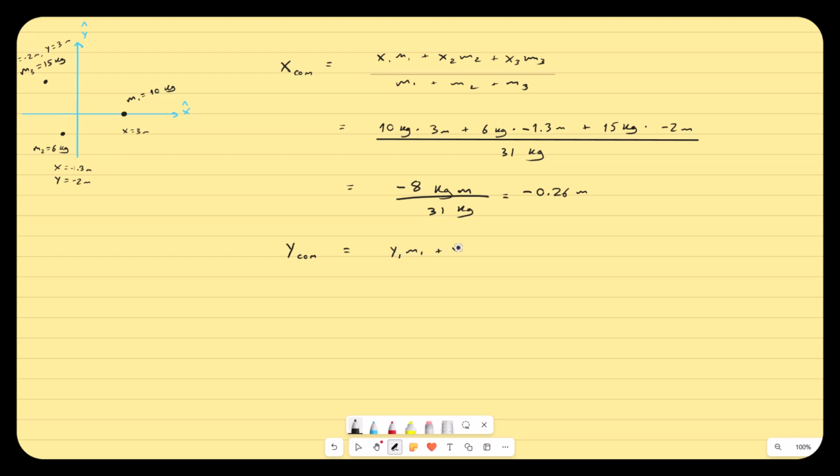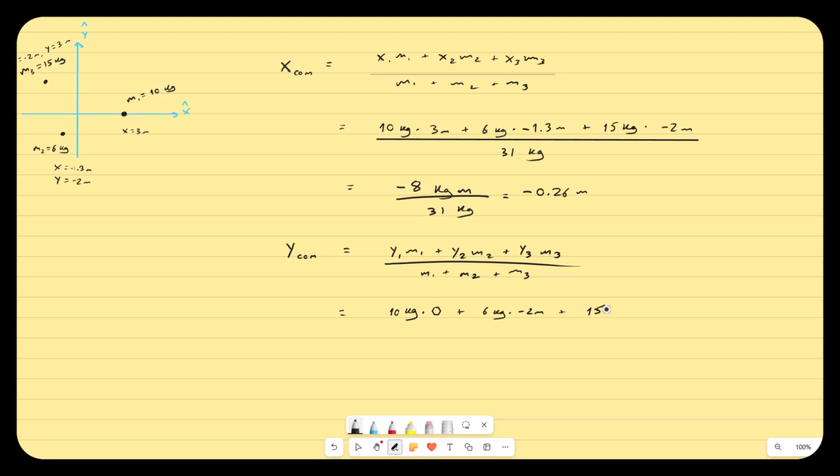Then I'll do the same for my y center of mass. y1 m1, y2 m2, y3 m3 over m1 plus m2 plus m3. So y1 m1 is 10 kilograms times 0. y2, 6 kilograms times negative 2 meters.